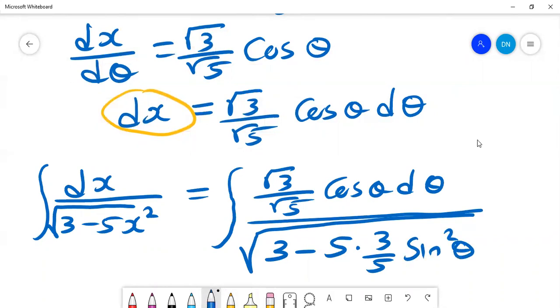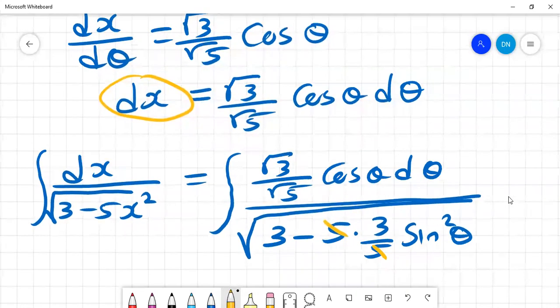Now you understand why I took the square root of 3 over the square root of 5 sine theta as my x, so that when I square, it becomes 3 over 5. Now you can see the 5 and the 5 cancel. These 3 and that 3 are common to each other, so I'll be able to take it out. I'll be left with 1 minus sine squared theta.